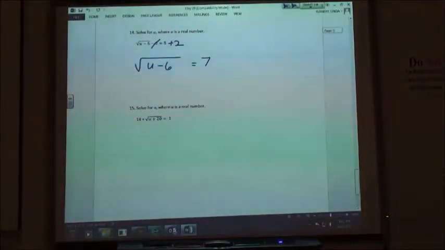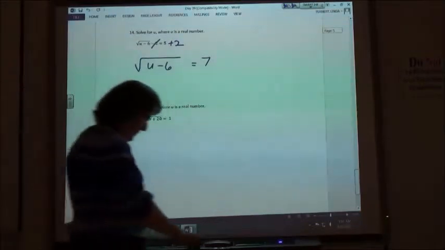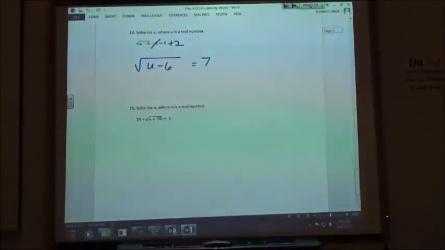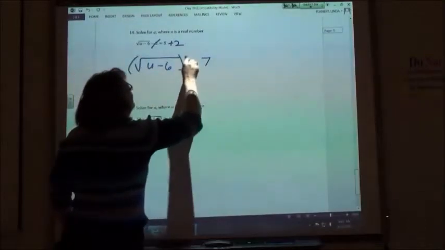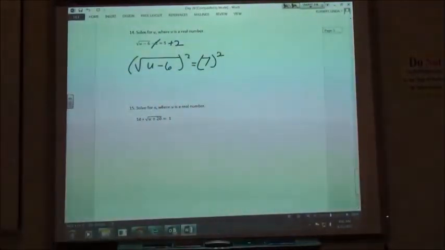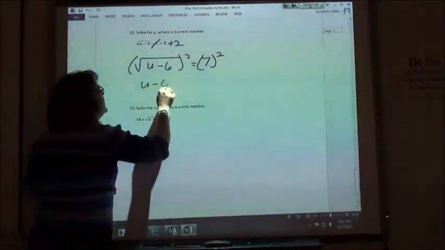So what do I do with that? I'm going to square both sides. Yeah, square both sides. And if I square both sides, which am I going to get? U minus 6 equals 49.